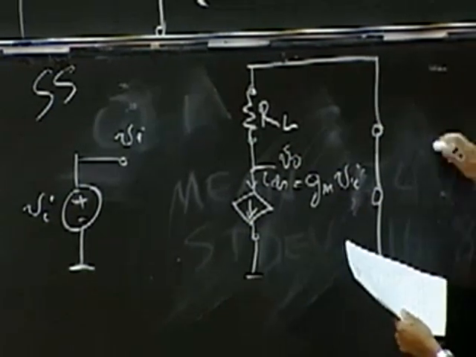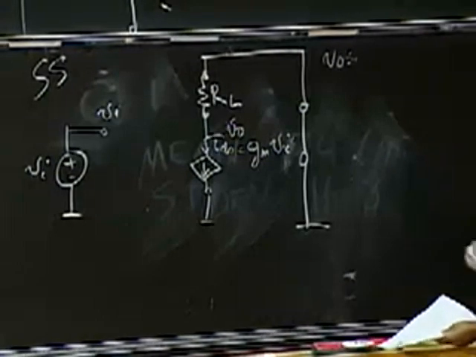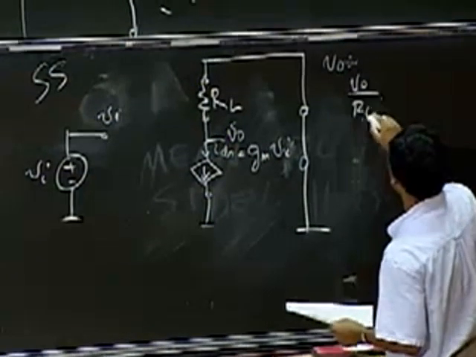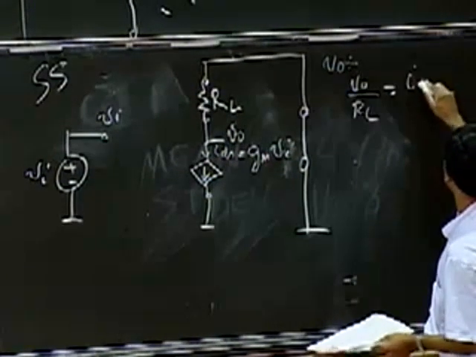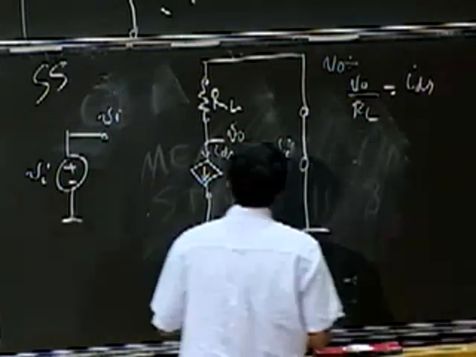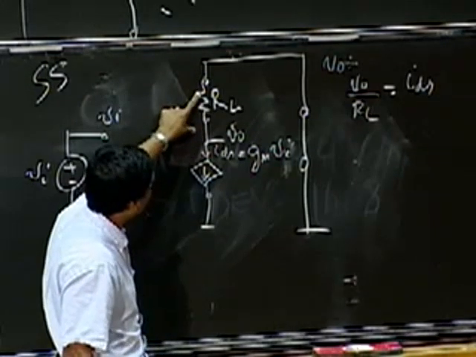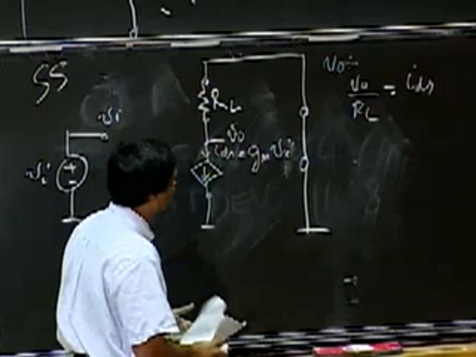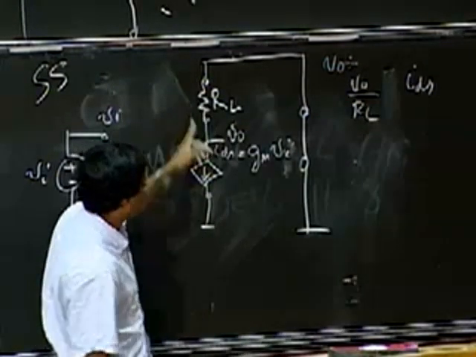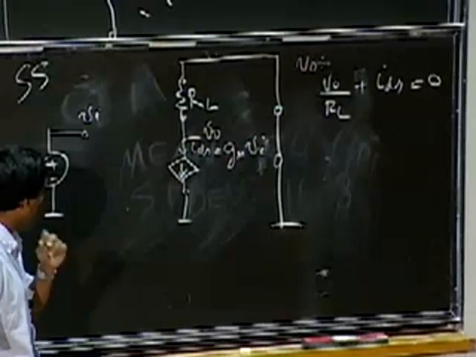Applying the node method at the node with voltage vo, the current going up is vo divided by RL, and the current going down is ids. The total current going out is 0, so the sum of these two is 0. That's my good old node method here.